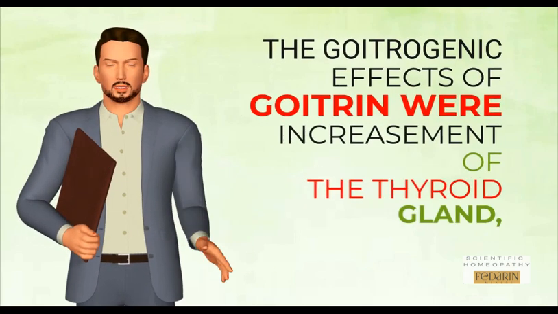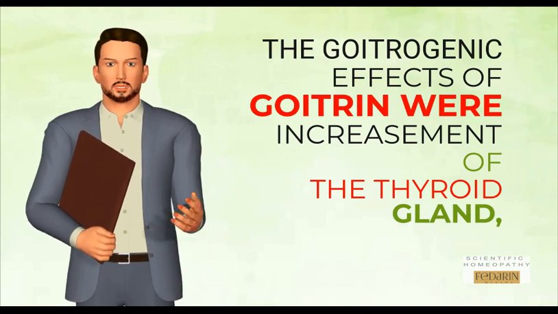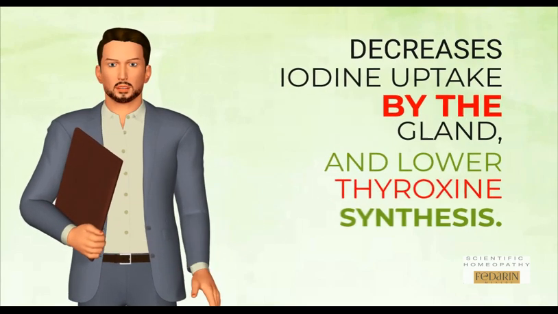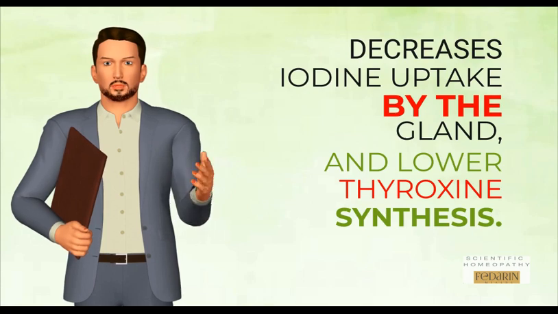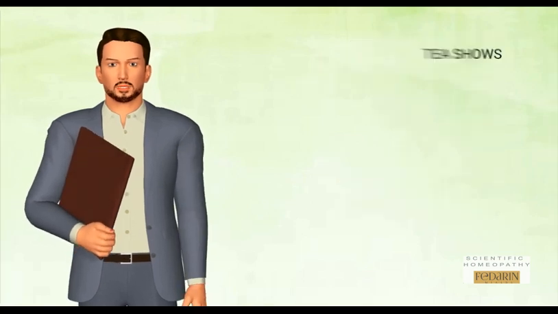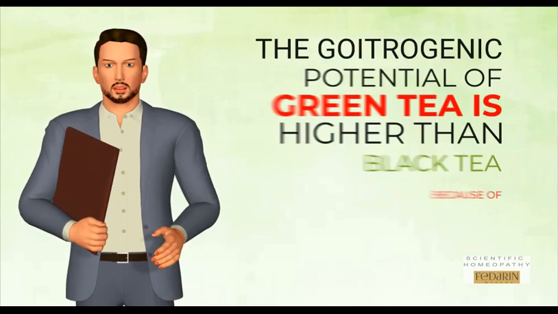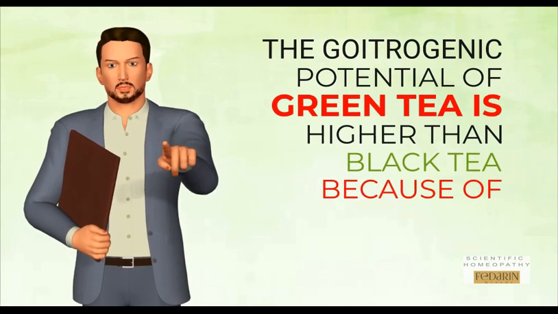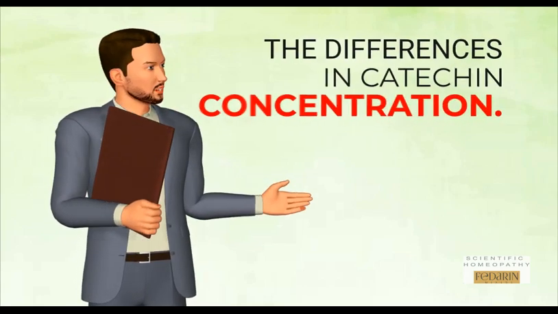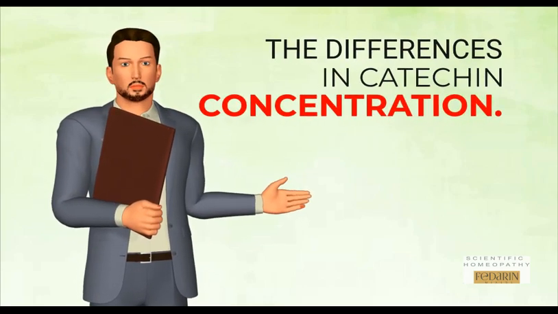The goitrogenic effects of goitin were enlargement of the thyroid gland, decreased iodine uptake by the gland, and lower thyroxine synthesis. Tea shows goitrogenic effect due to its flavonoids. The goitrogenic potential of green tea is higher than black tea because of the differences in catechin concentration.